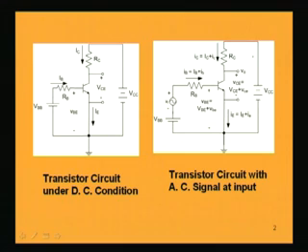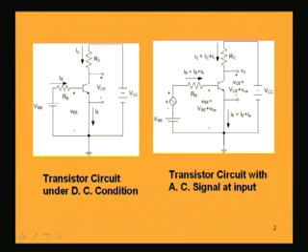Here, when we have an AC signal along with the DC voltage VBB, the currents which were earlier flowing in the DC circuit were the DC currents IB, IC and IE. Now, because of the application of the AC signal, we will have AC currents also. Considering the base, we will have an AC current small i small b along with the DC value IB.